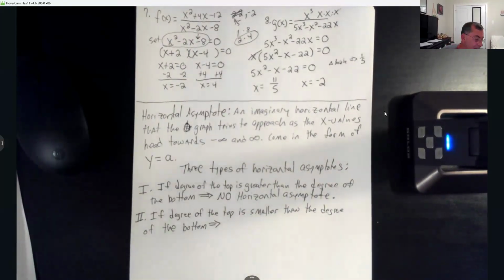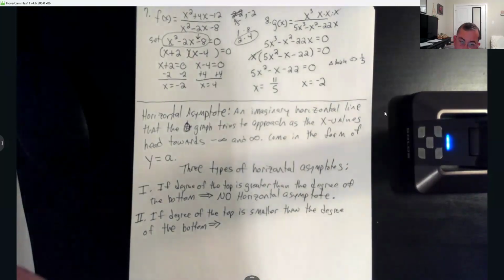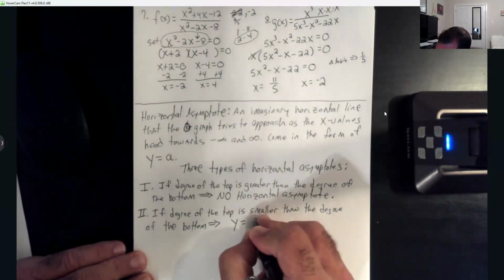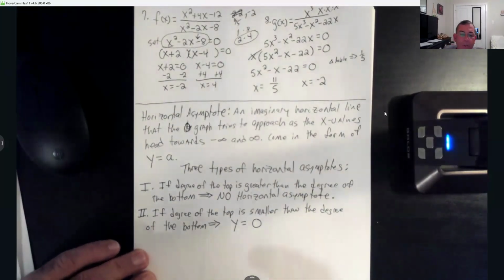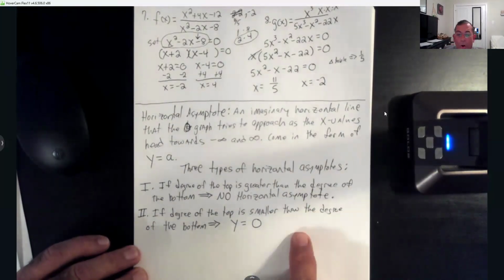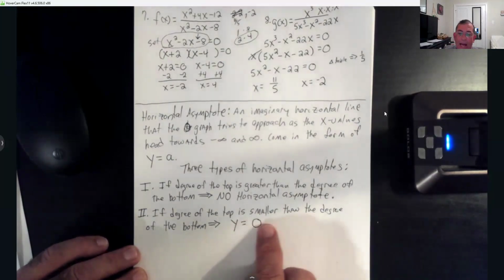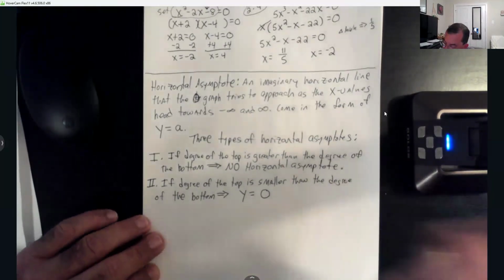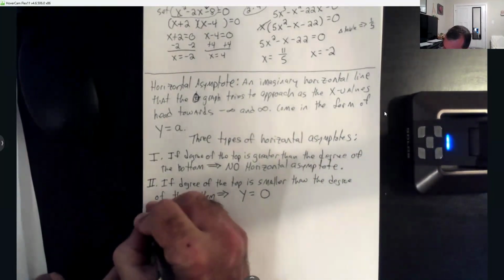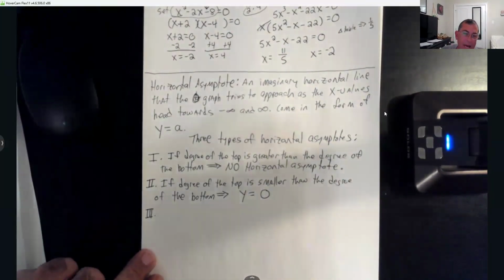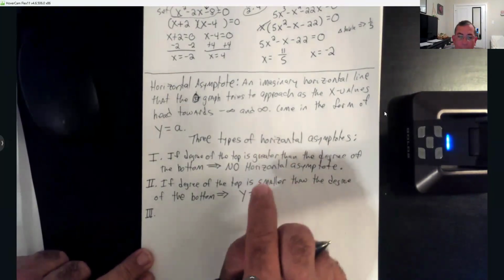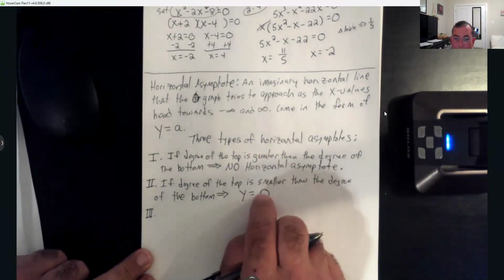If the bottom has a larger degree than the top, then your horizontal asymptote will be y equals 0. It'll be like the one I drew a while ago with 1 over x. It's going to try to get to 0 as it heads out towards those infinities. And y'all, the last case: we had the top greater, no asymptote; bottom greater, y equals 0.